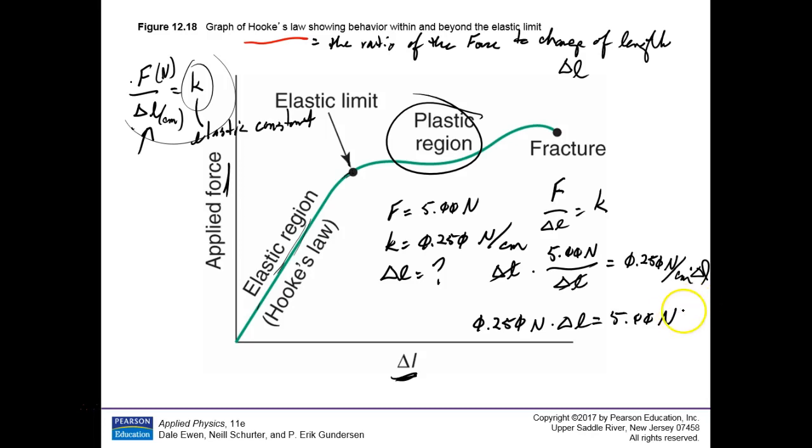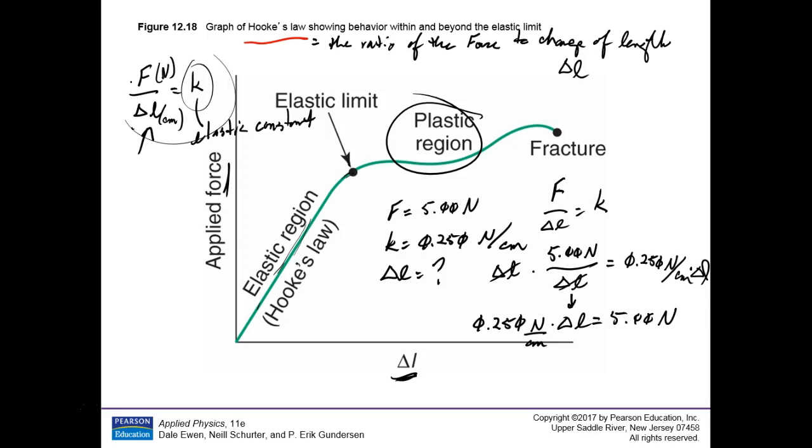Oops, this 0.250 is Newton per centimeter, and this is just Newton. Sorry, I left off the per centimeter. There it is. All right, we're looking for delta L. So what have we got to do? Now we're undoing multiplication.